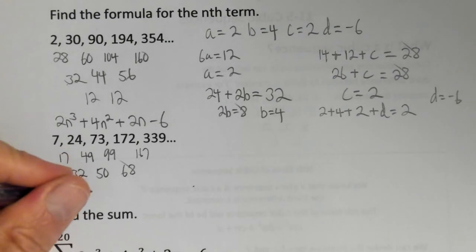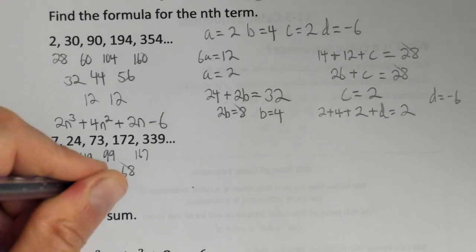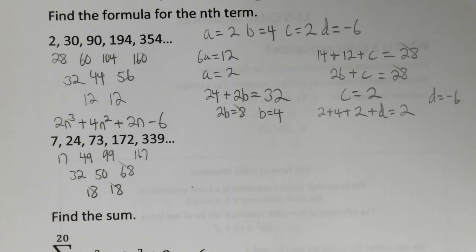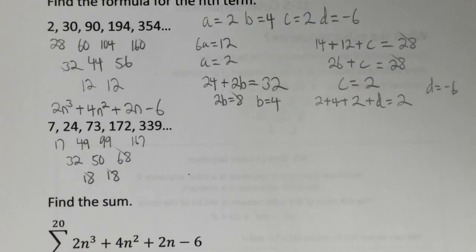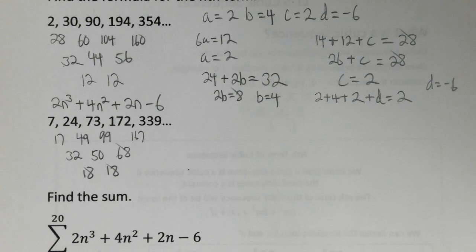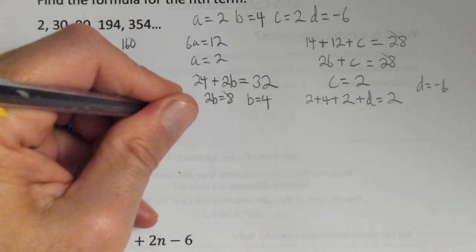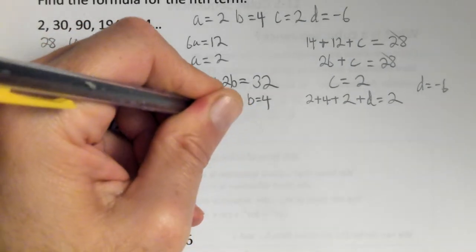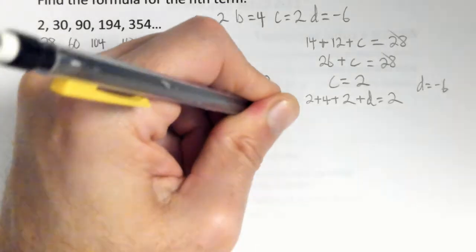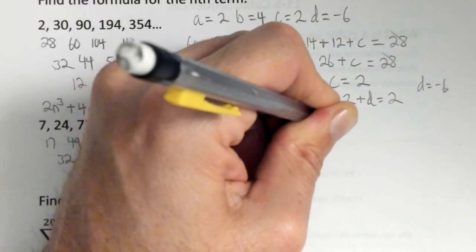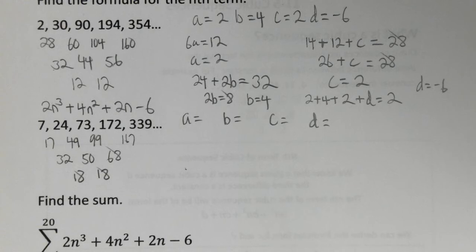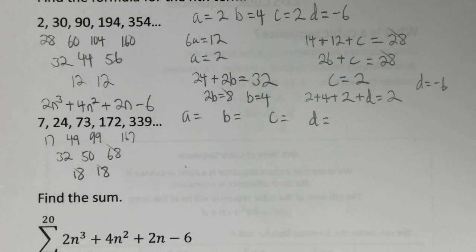Alright, so this becomes 18 and 18. So once again, it is a cubic sequence. And so again, my task is to find the values for A, B, C, and D so that I can plug back into the formula and come up with the nth term.